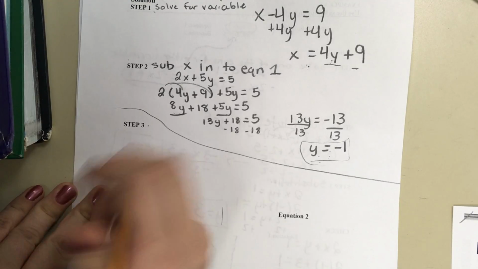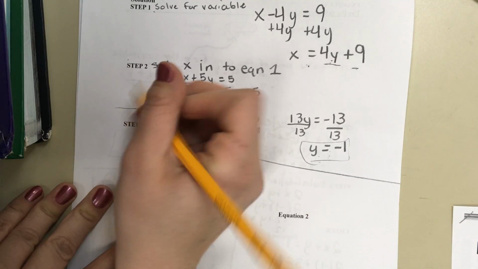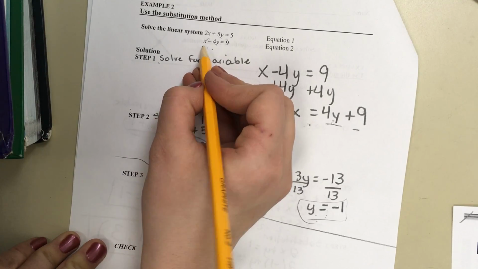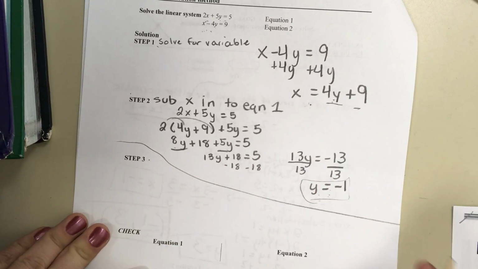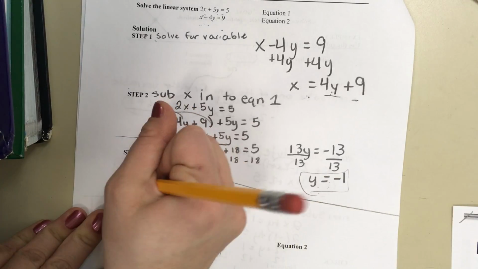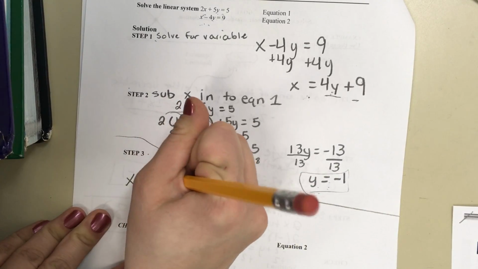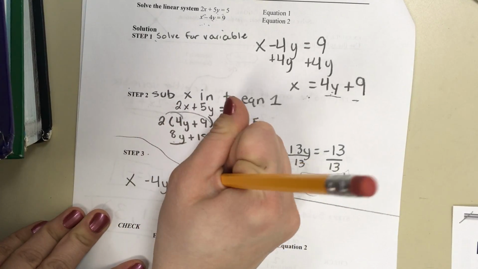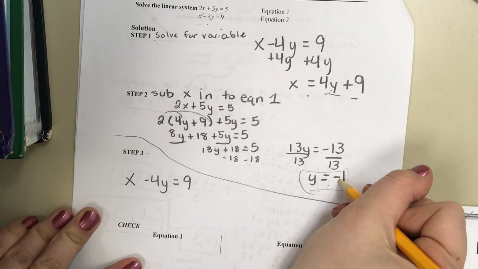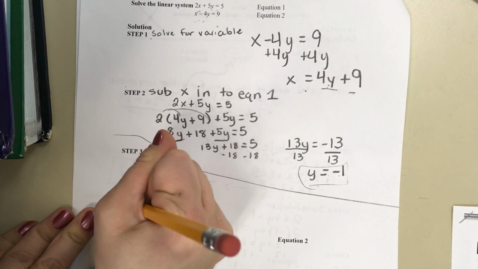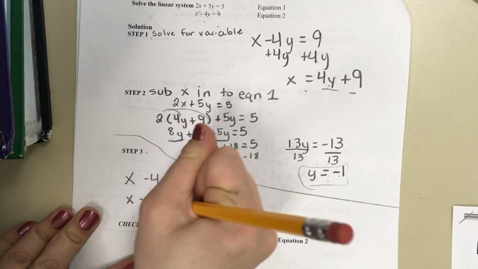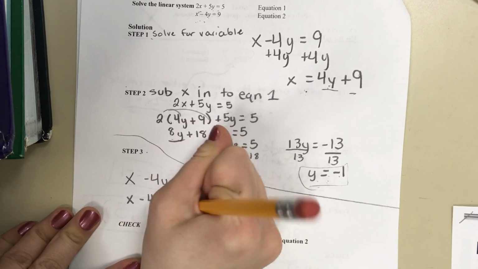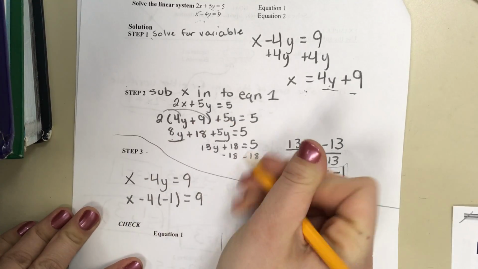I'm going to go with equation 2 because I want to solve now for my x, and that looks like it's going to be pretty easy to solve for. So I have x minus 4y equals 9. I take that negative 1 and I get x minus 4 times negative 1 equals 9.